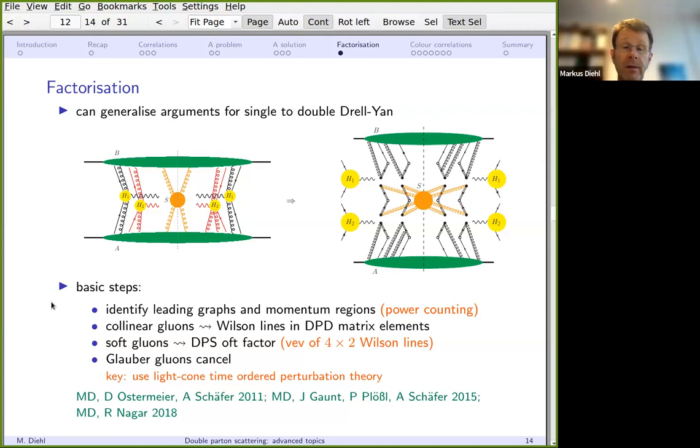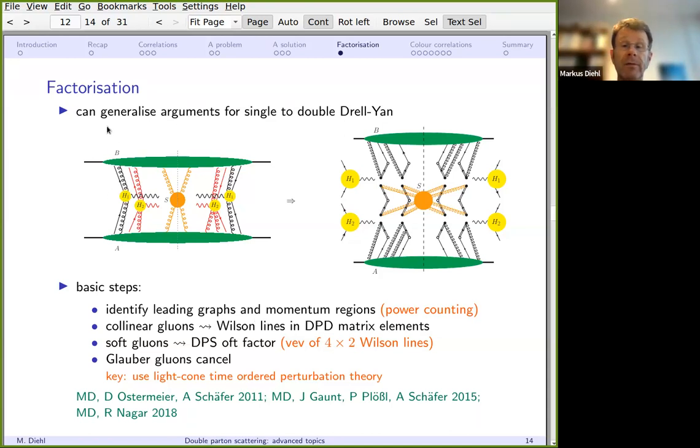Then you can simplify that step by step. You can have collinear gluons here, any number of them, along with the incoming quarks, say. And you can recast these gluons into Wilson lines. And these are exactly the Wilson lines that appear in the operators that define our DPDs, or that would define a PDF if you had a single hard scattering.